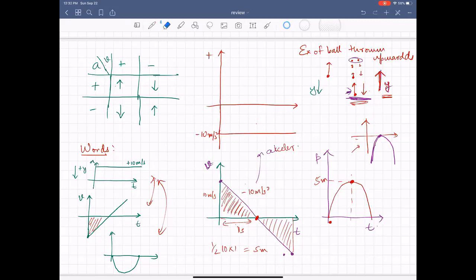Yeah, so when we're defining the reference frame, we could just draw y on our graph with an arrow pointing upwards or downwards, showing it's positive or negative. Yeah, so that's best done with a motion map. For example, when I draw a motion map, I always draw my origin and reference frame. So I would draw the origin and I would draw the positive y direction to be that.